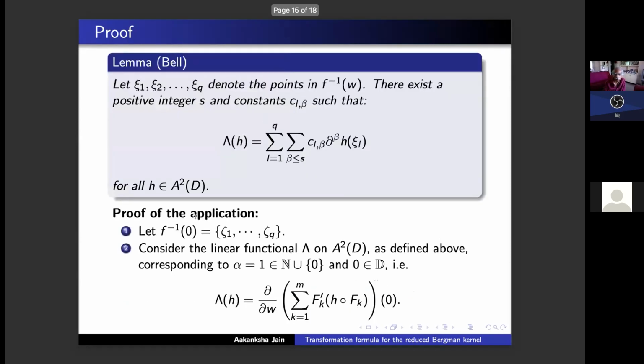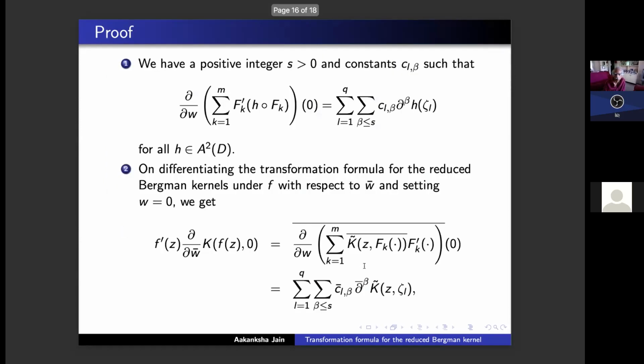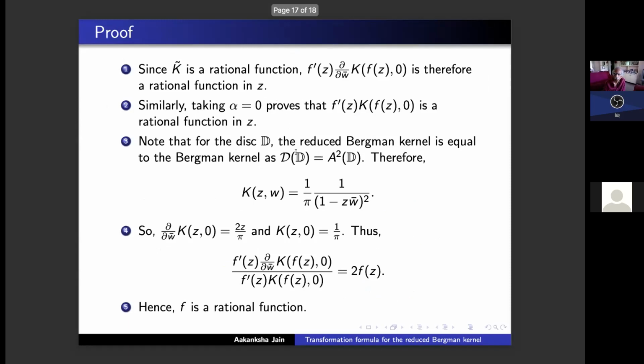Similarly, if I start with a linear functional corresponding to alpha equals 0 and this point 0 in the unit disk, then I'll get that f prime z times k of f of z comma 0 is a rational function in z. Therefore, the ratio of these two terms is a rational function. Now, for the disk, the reduced Bergman kernel is the same as the Bergman kernel, because the disk is simply connected, so every holomorphic function has an antiderivative.